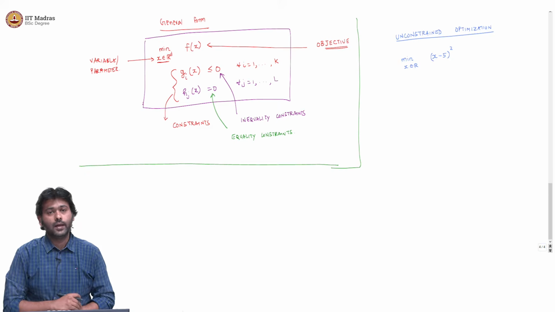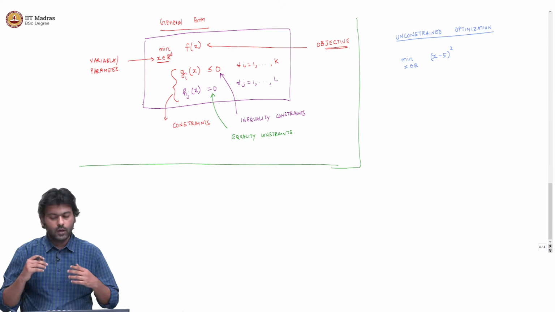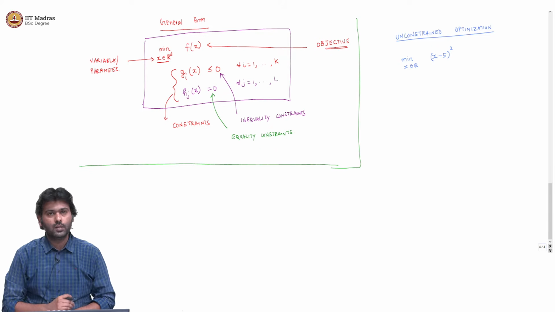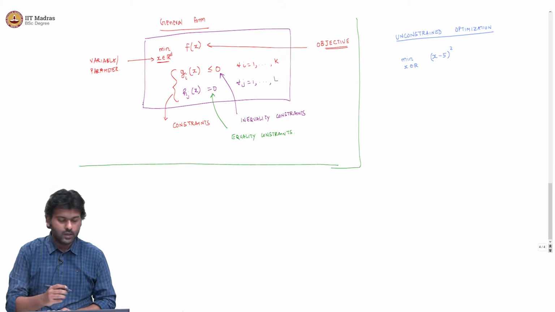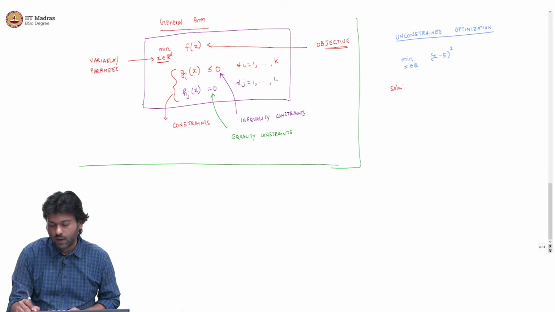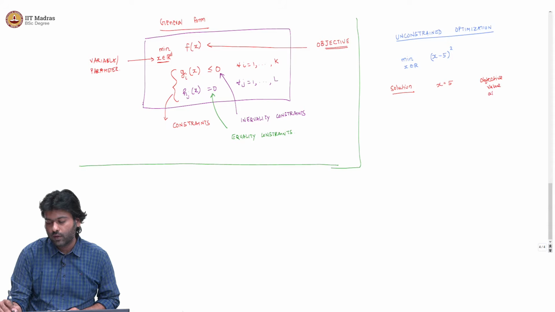Well, what is the x that solves this problem and what is the value of the function at that point? It should be obvious by looking at this, if not, just pause and think about this. The solution to this problem is x equals 5, and the objective value at x equal to 5 is 0.